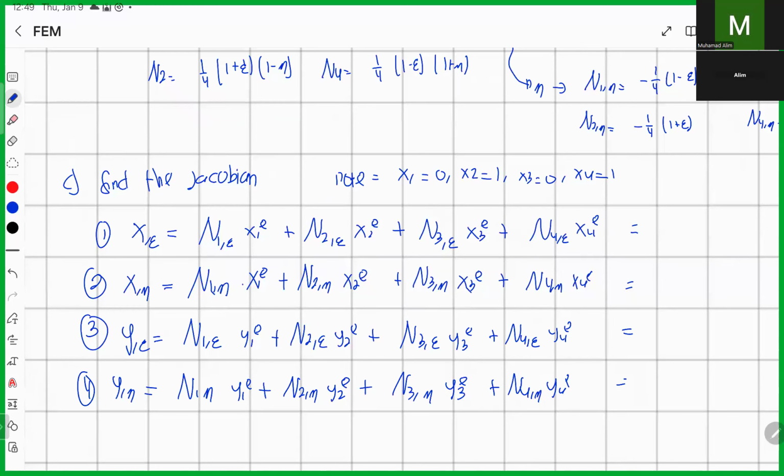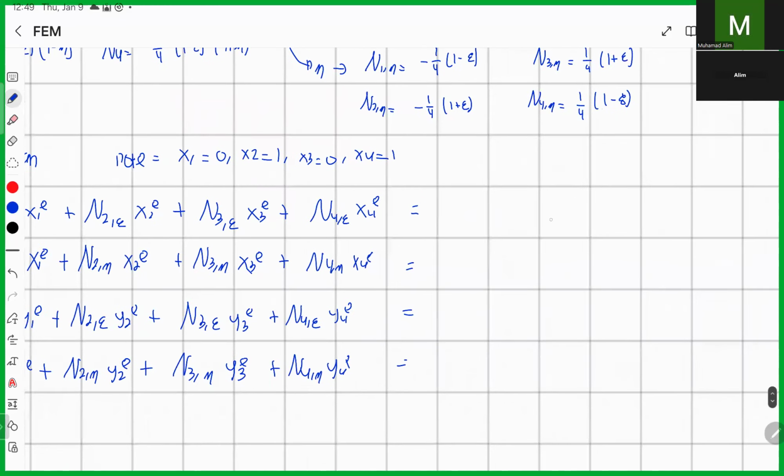So here you will get 1 per 2, 0, here 0, 1 per 2.